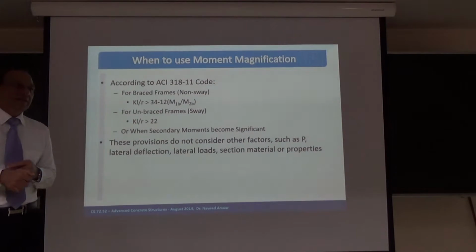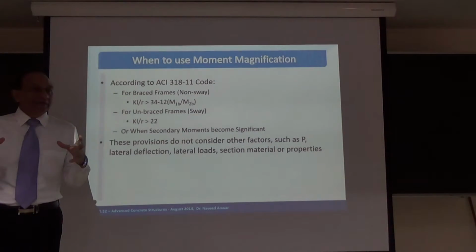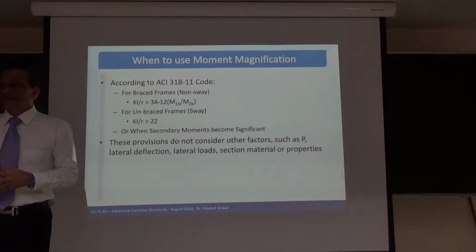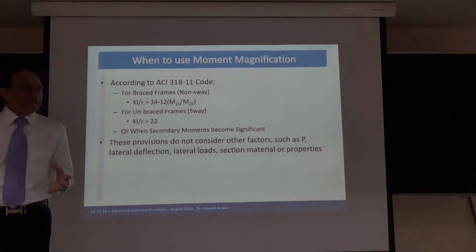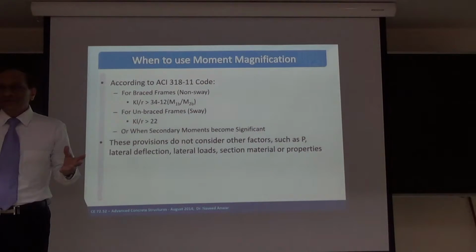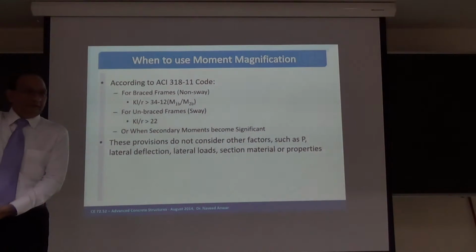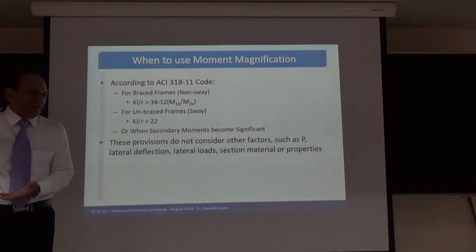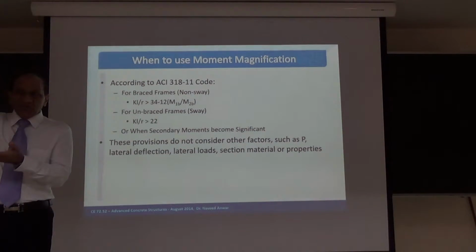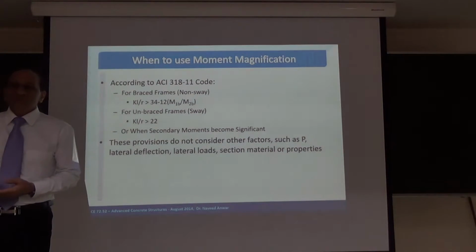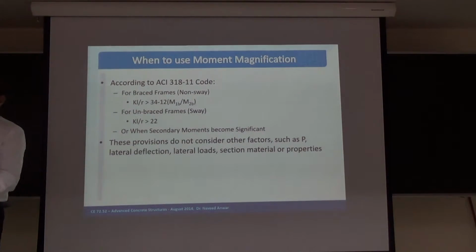Tall buildings, the column size is very large because the axial load is very high. So the column size is like 1 meter or 1.2 meter or 1 meter by 1 meter. Story height is the same whether it's a tall building or a short building, which means that for a tall building, the KL over R will be very, very small because 3 meter column, 3 meter height, 1 meter column, it cannot be slender.